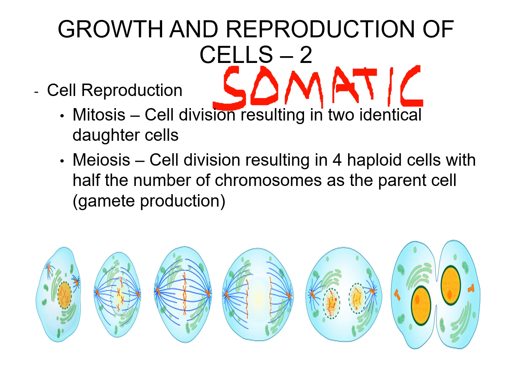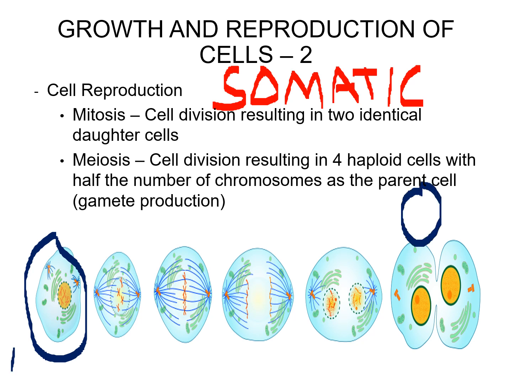Everything that's not sperm and egg is referred to as a somatic cell. And for the most part, the majority of your somatic cells do go through mitosis all the time. And the result of mitosis is we're going to take one cell. So here you can see in this picture on the bottom, we've got one cell. And eventually what we're going to get is two identical daughter cells.